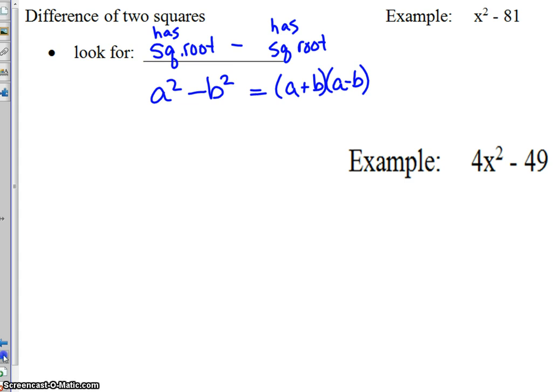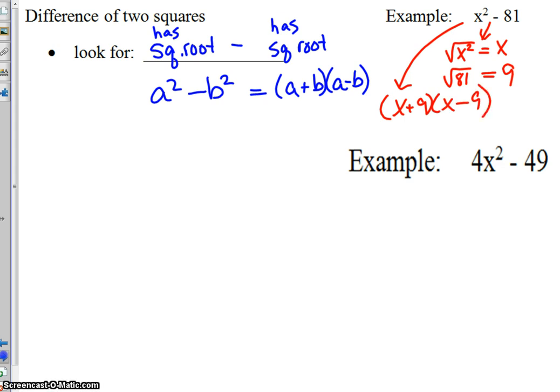So in this case, I'd say to myself, well, the square root of x squared is x, and the square root of 81 is 9. Therefore, the answer to this one, when I factor it, would be x plus 9 times x minus 9. Okay? Let me do that same process here.